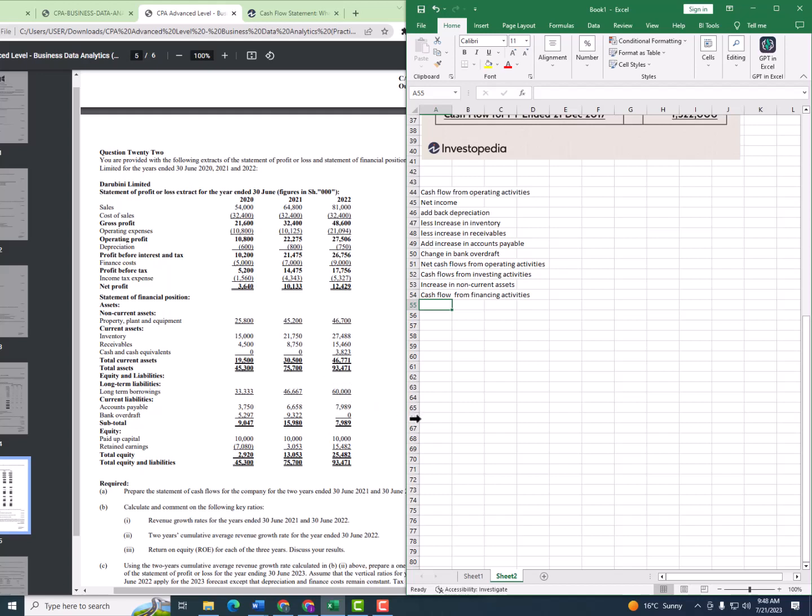So we say increase in long-term borrowings. Now, once we have financing activities, investing activities, and operating activities, those are the three components of the cash flow statement. Once we have all that, we are going to be able to calculate net cash flows for the period.